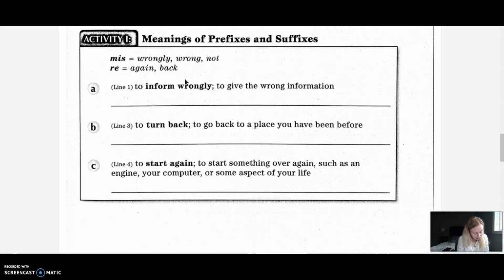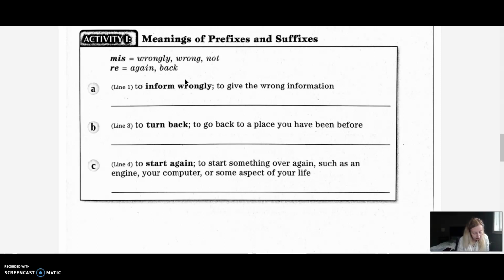What could you guess if you heard Michaela misjudged the height of the curb and ran her bike into it? Right, it means she judged the curb wrongly, or she didn't judge the curb correctly. So misjudged means to judge wrongly or incorrectly. Okay, so this is the second time we're looking at re.